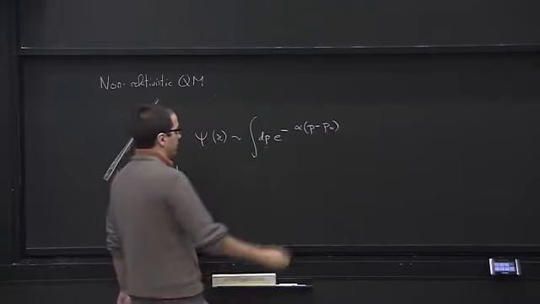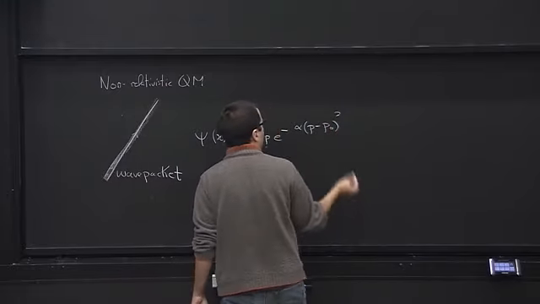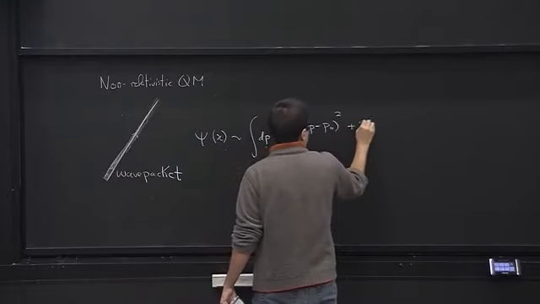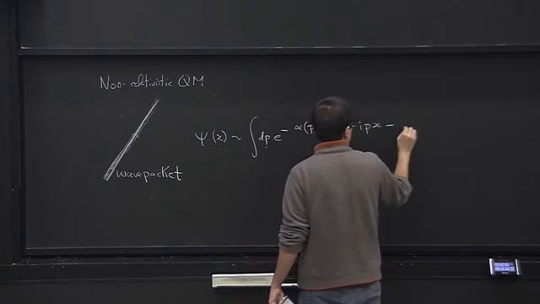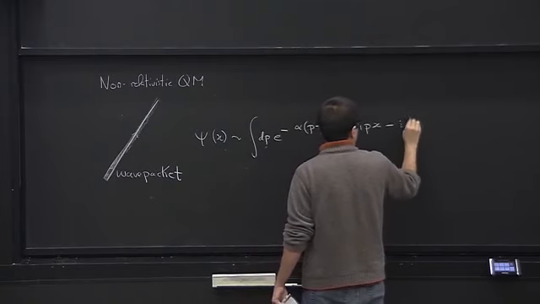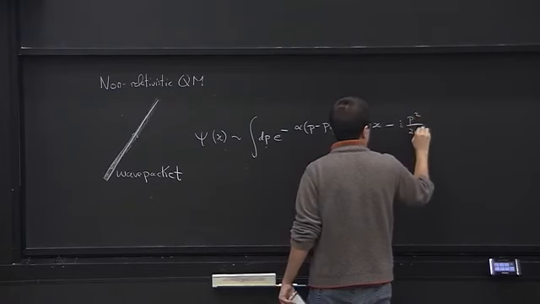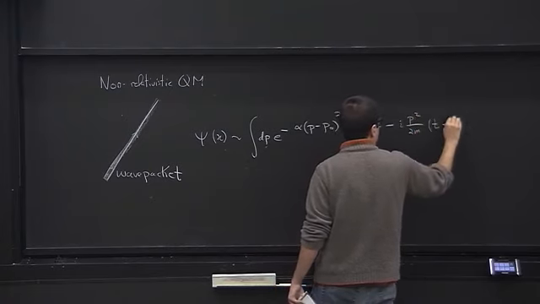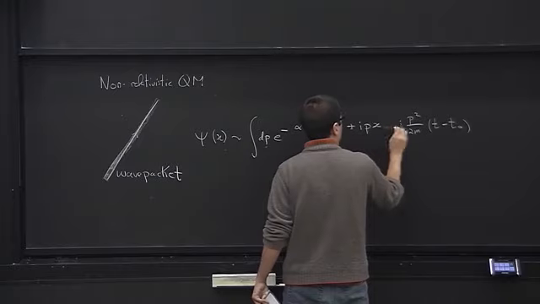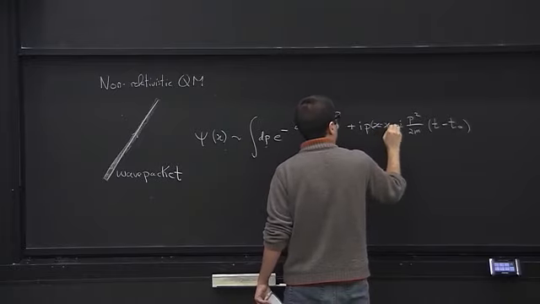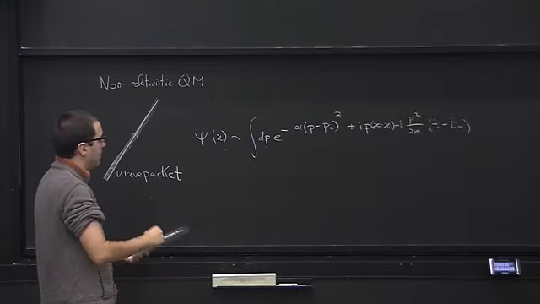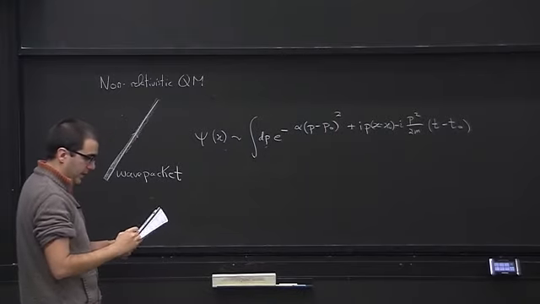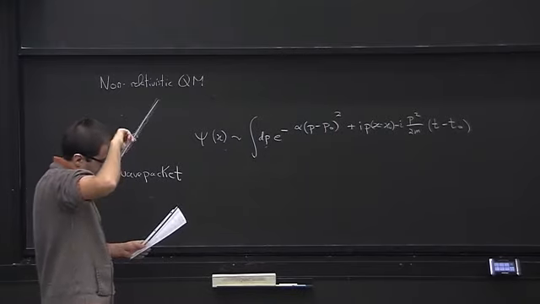It's centered around p naught, with phase i p x minus i p squared over 2m t. That's some wave packet, which has some momentum p, and that's the wave function.